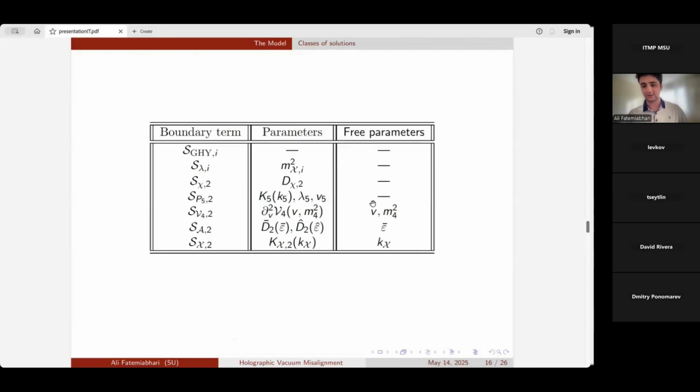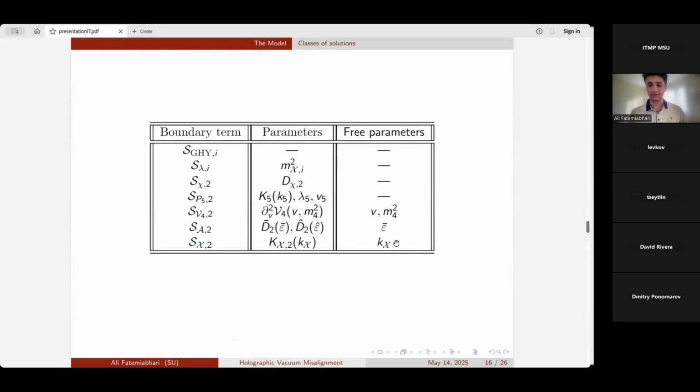There will remain the parameter V, related to the misalignment angle, M4, which will be the mass of the Higgs, and the parameter epsilon, which will be the gauge coupling of the SO4. And the KX also remains to address a subtlety related to our confining background.